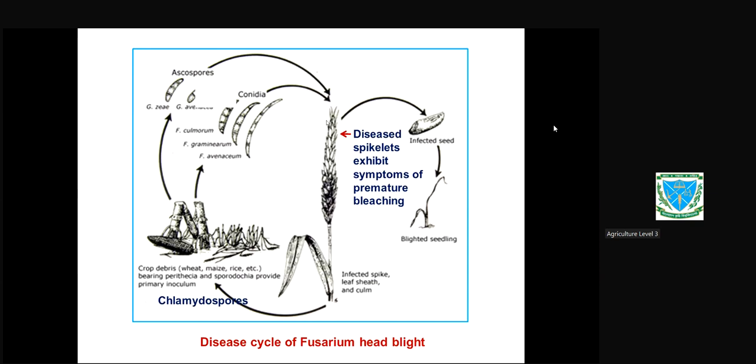And if you harvest such infected wheat grains, these infected wheat grains basically infect the seedling and showing the blighted symptoms. But if you harvest, what happened? There might be some infected grains with your healthy grains that may serve as inoculum for the next season. Clear?